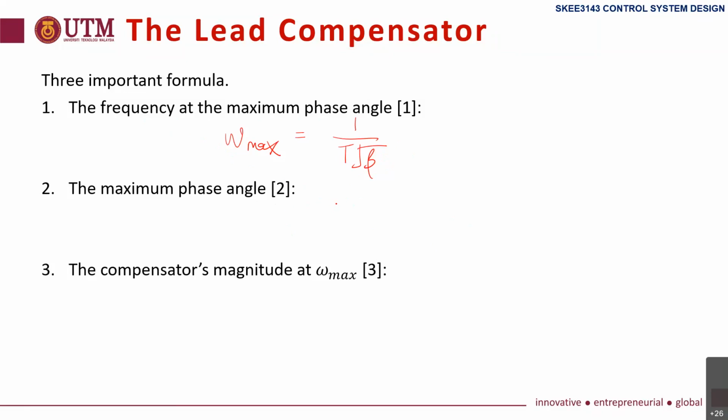Next, the second equation is what we call the maximum phase angle, phi max. Phi max is sine inverse of 1 minus beta over 1 plus beta.